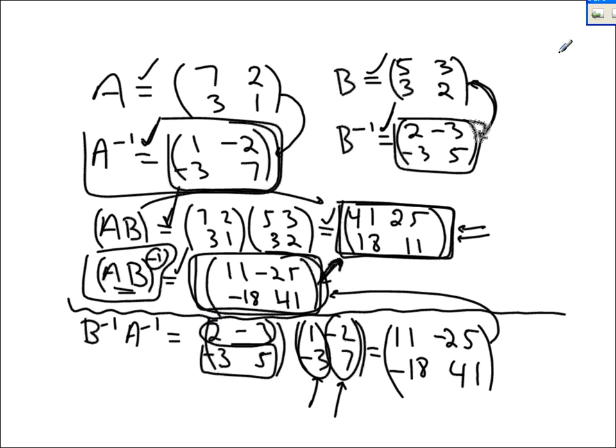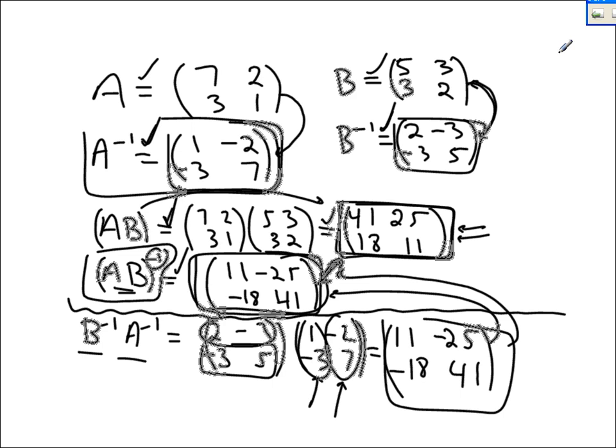So, you take B inverse, multiply it by A inverse, get your answer, and then say, yep, it is AB inverse. They really are one and the same. AB, the inverse of that, is B inverse, A inverse. The order of the inverses gets switched. That's what you need to take with you. The order of the inverses gets switched.